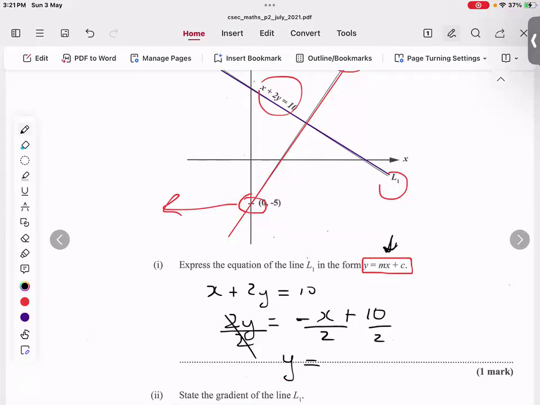We want something in front of the x. Minus 1 over 2. So y equals minus 1 over 2 x plus 5.